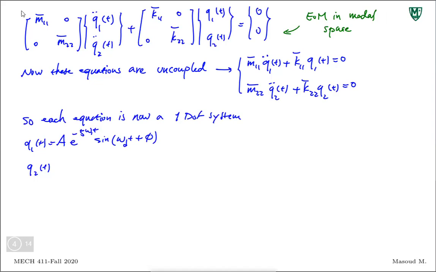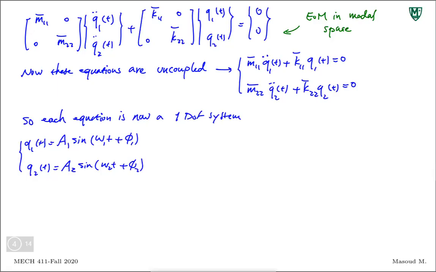Yeah, it's even easier. So we have Q1(t) as A1 sine omega 1 t plus phi 1. And Q2(t) would be A2 sine omega 2 t plus phi 2.